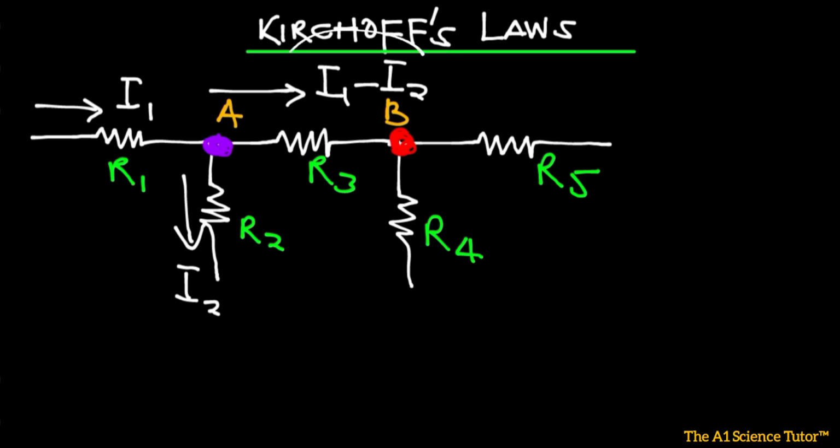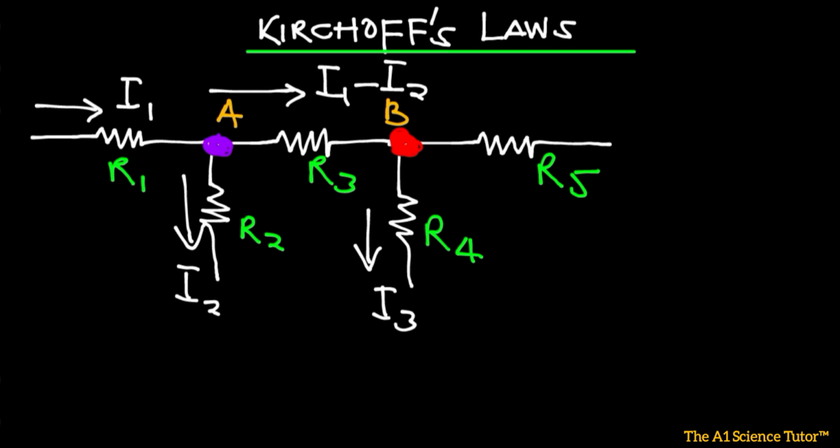Now, as I1 minus I2 comes to this point where the second junction is, that is B, there is also going to be a split. So let us say that part of I1 minus I2 goes through R4. And let's say the current that goes through R4, let's call it I3.